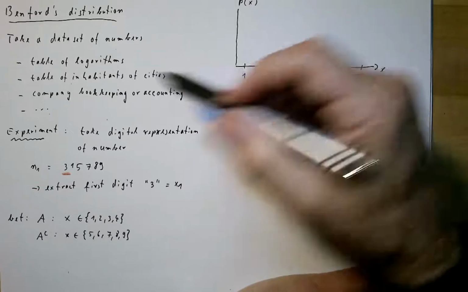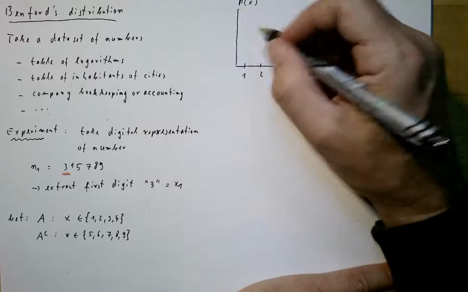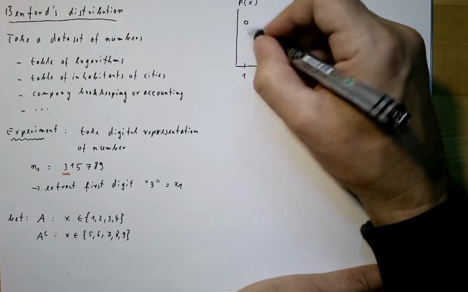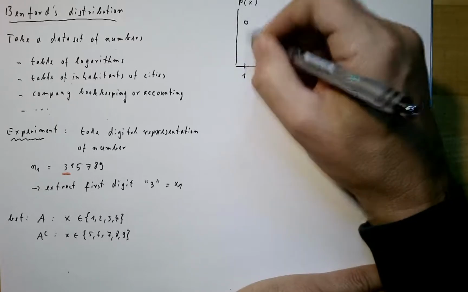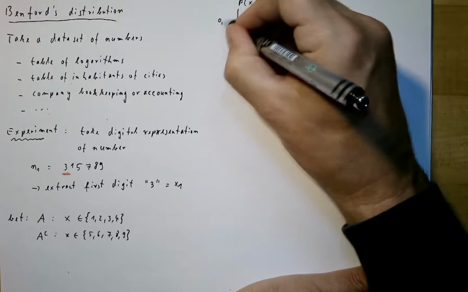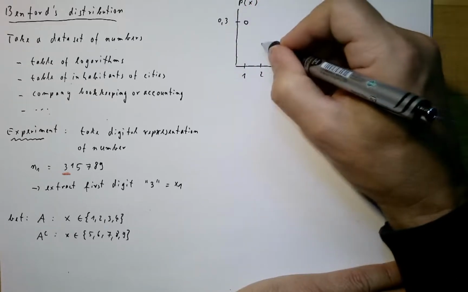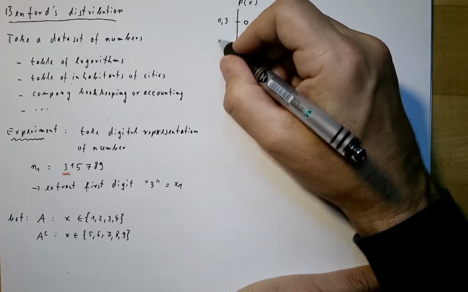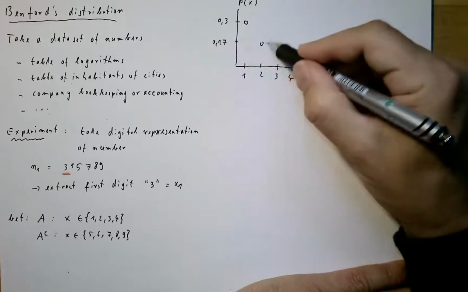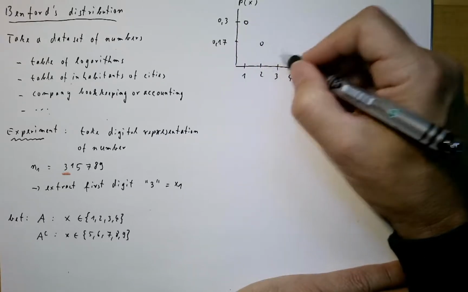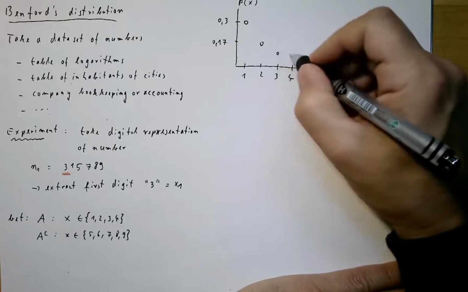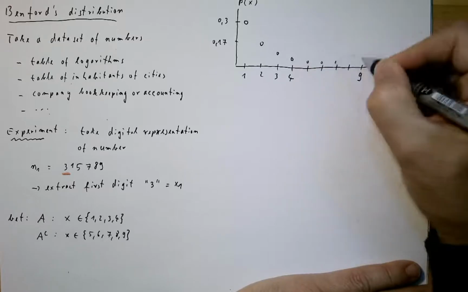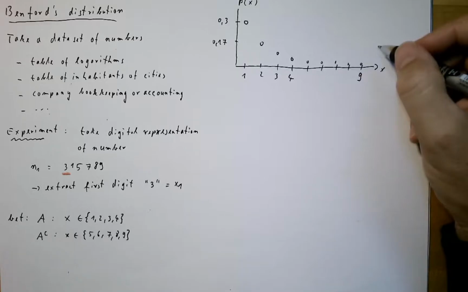If you do this quite often with such a large data set, then for example p of 1 is about 30%, then we go down to about 17%, then 12, 9, 7, and then always smaller numbers.